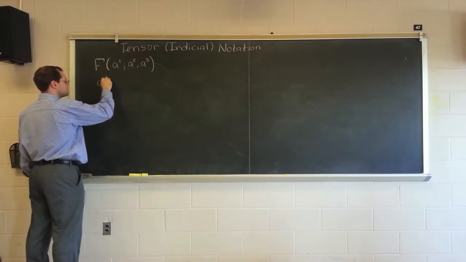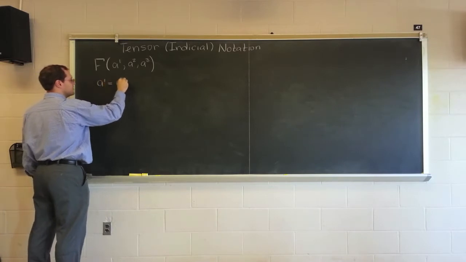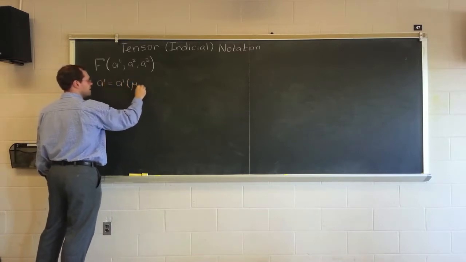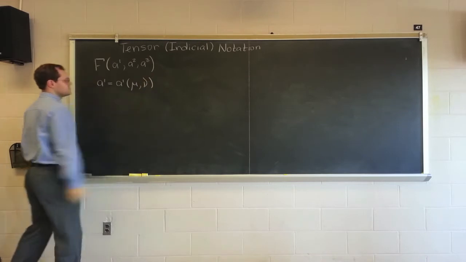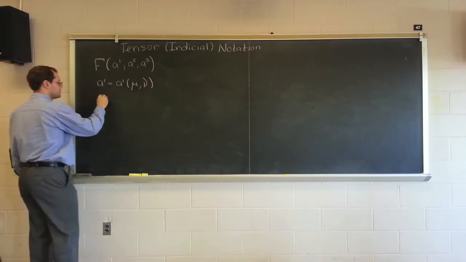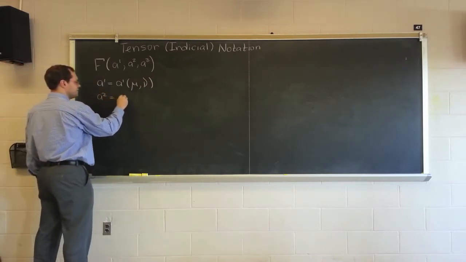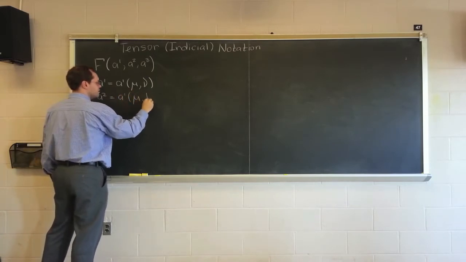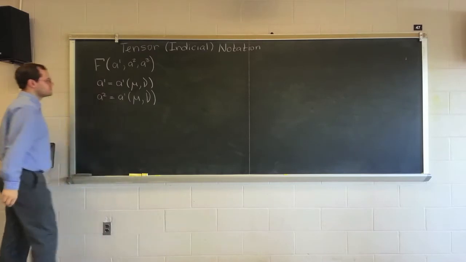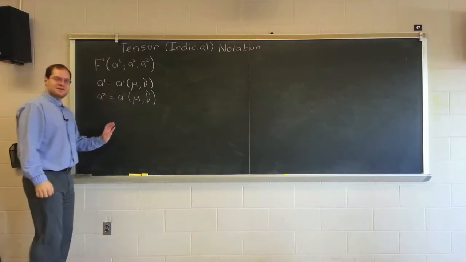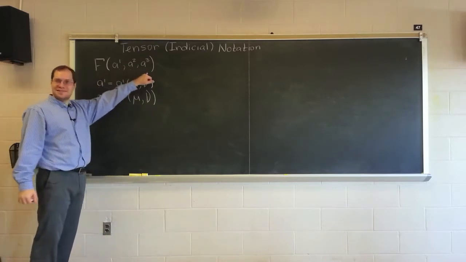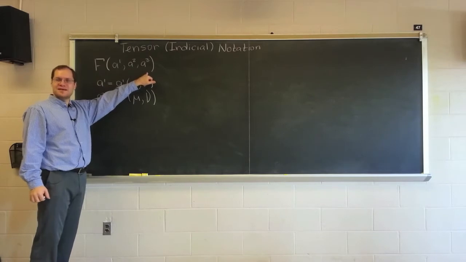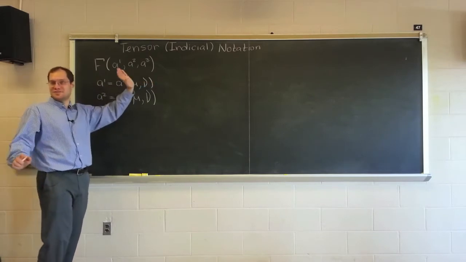So A1 is a function of mu and nu. A2 is a function of mu and nu. Well, actually, in the book I start differently. I call them X, Y, and Z. A, B, and C? Let's do that.